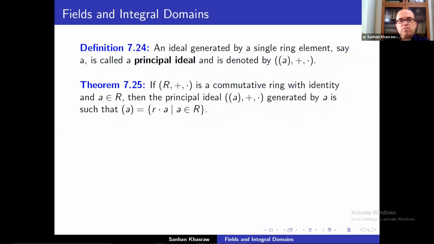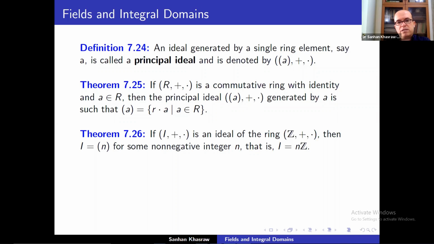The elements in the ideal generated by A are actually multiples of A by elements in R, which is quite different from group theory. In group theory, when we say the group is cyclic, all elements are integral powers of A. But here we have to multiply A by all elements in R, so we get the ideal generated by A.